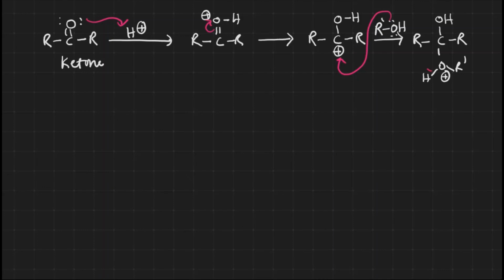What happens? Elimination of proton takes place. When elimination of proton takes place, we get a structure: R, OH, R, and this is OR dash.